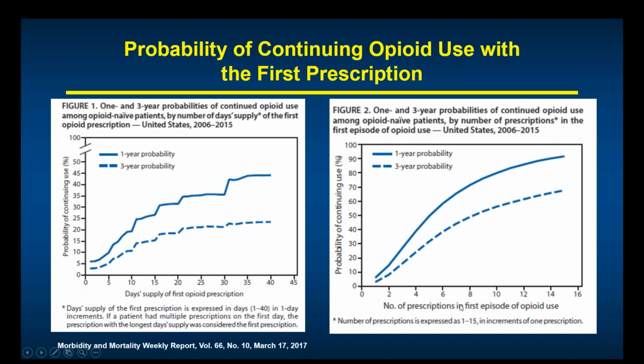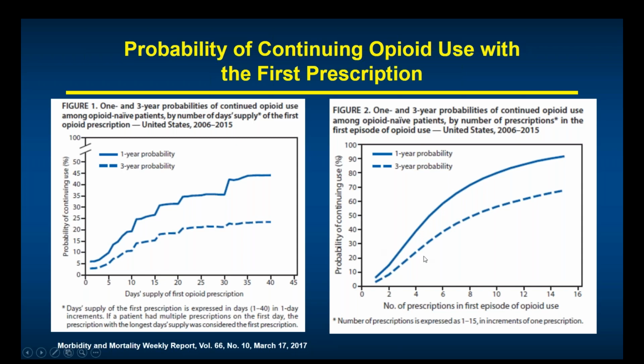The number of prescriptions that you get in the first episode of opioid use is equally as powerfully projected in where opioid naive patients would be if they were prescribed numbers of opioid prescriptions. So you can see if a patient was given 8 opioid prescriptions, they have a very high 1 year probability of almost 80% of being on opioids.